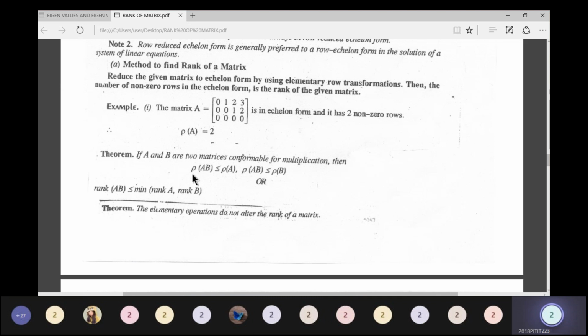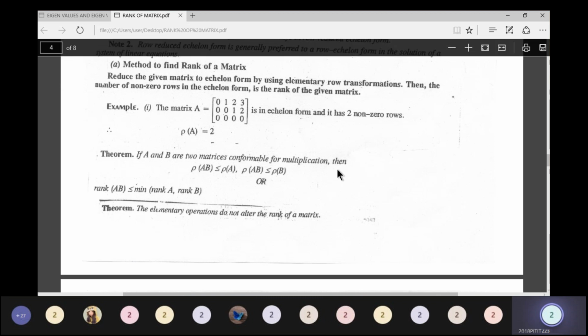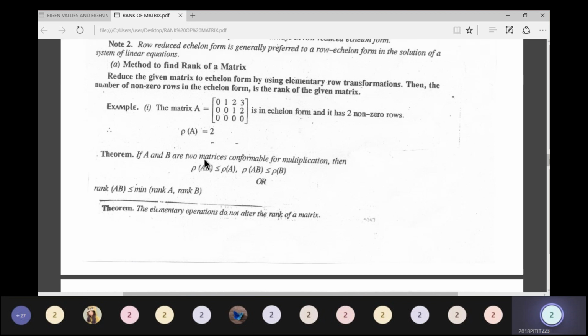Only then is matrix multiplication possible. So A and B are conformable for multiplication. Then rank of AB is less than or equal to rank of A. Either it is equal to rank of A or less than rank of A.